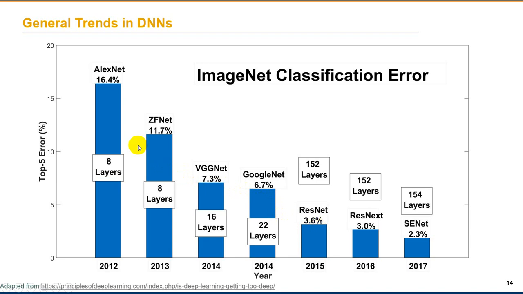Here we can see VGG16 has a 7.3 top 5 error, and similarly, by increasing the layers we achieve a lower top 5 error. This trend is general; some networks with a smaller number of layers may beat the accuracy, but this is the general trend that we are showing in this diagram.